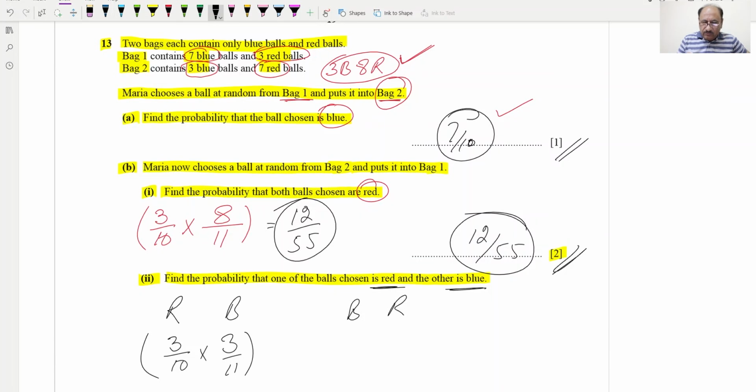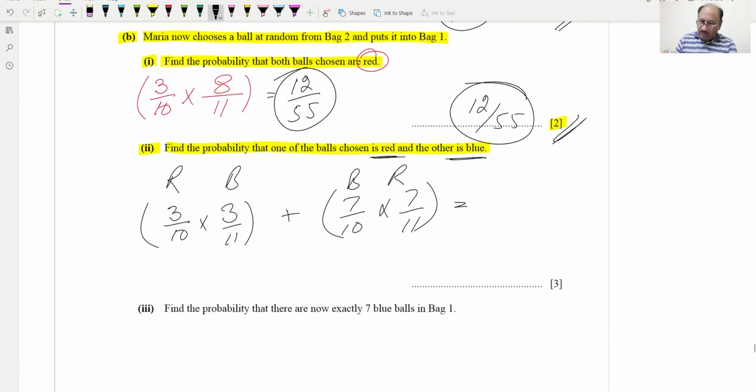Now for this one, this will be 7 by 10 times 7 over 11, because we have shifted one ball, so the total has 1 added. We will add these two probabilities and that will be our answer.